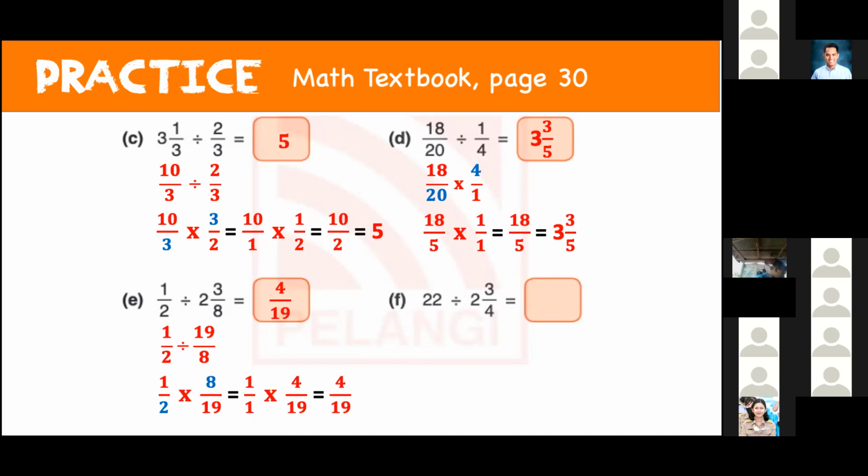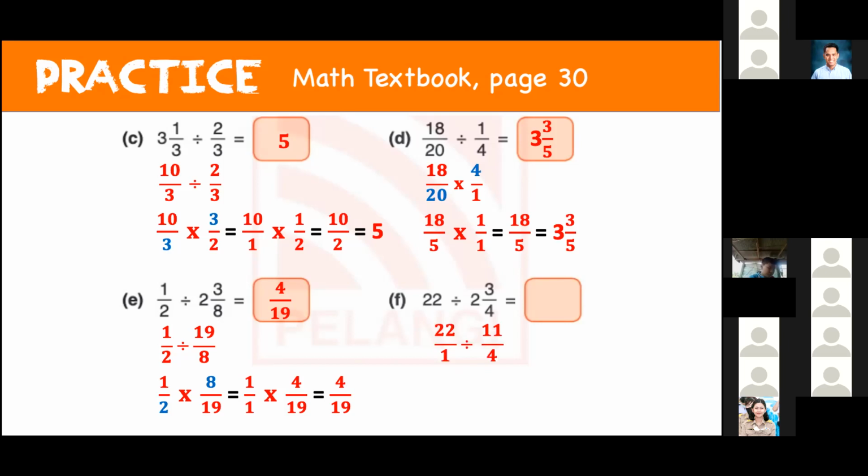Next, the last one. 22 divided by 2 and 3/4. 22 we write as 22 over 1. 2 and 3/4 we change from mixed number to improper. 4 times 2 plus 3. 2 is 8 plus 3, 11. So 22 over 1 divided by 11/4.